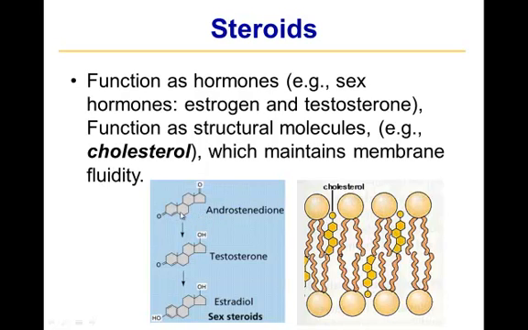Steroids tend to have this 4-ring structure, kind of a distinctive structure, if you will. And as I said, they're important chemical messengers. It is the sex hormones, which are steroids, which provide cues for secondary sexual characteristics to develop. And they have many other important functions as well.